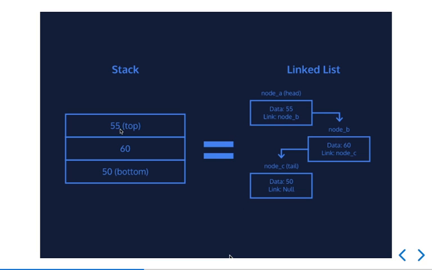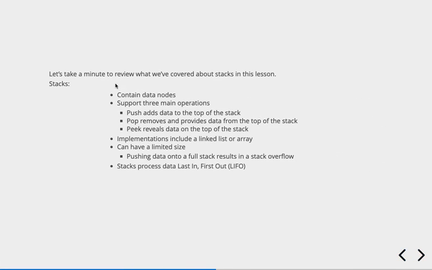All right, so summarizing all this, we're just going to review. Stacks contain data nodes and support 3 main operations: push, pop, peek. You remember push just adds data to the top of the stack, basically becoming a new head node if you look at it from a linked list point of view. Pop removes and provides data from the top of the stack. Peek shows data on top of the stack.